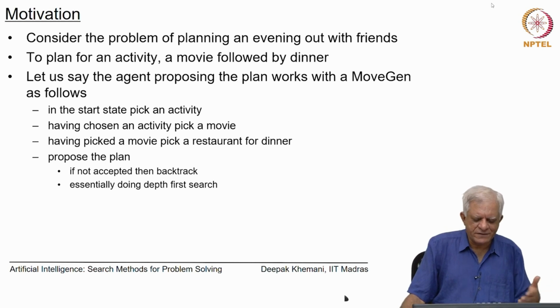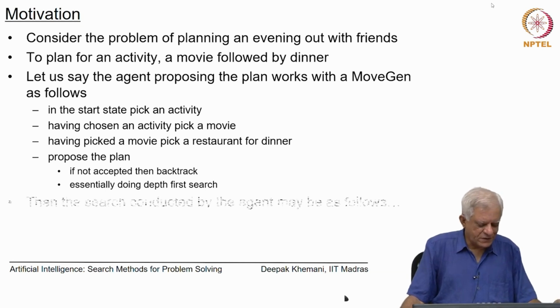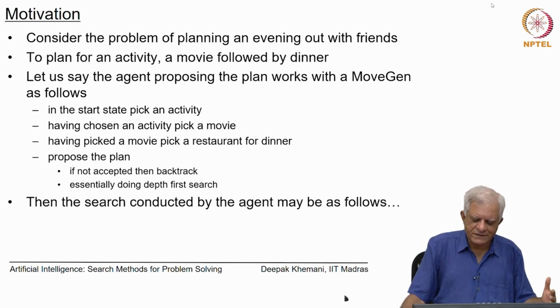And the algorithm that we are just looking at now, as a precursor to what we want to look at, is essentially depth first search, and this is how the search space would be explored essentially. Remember that this is basically depth first search, and remember that your problem solution is in three stages: pick an activity, pick a movie, and then pick a restaurant for dinner. And only when you have picked all three will you ask your friends, is that okay?